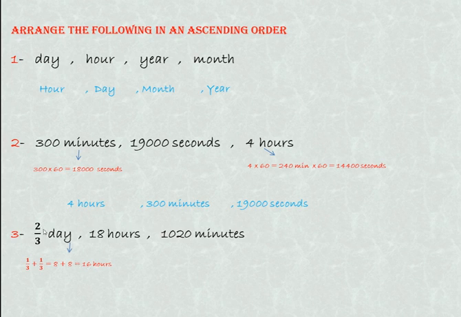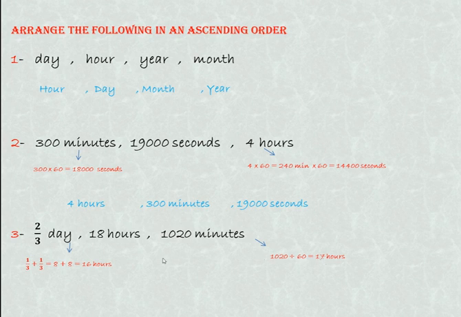A third day equals 8 hours, and plus 8 equals 16 hours, so 2/3 day equals 16 hours, and we have 18 hours. We can convert 1020 minutes into hours by dividing by 60. Cancel 0 with 0, then 102 divided by 6 will be 17 hours.